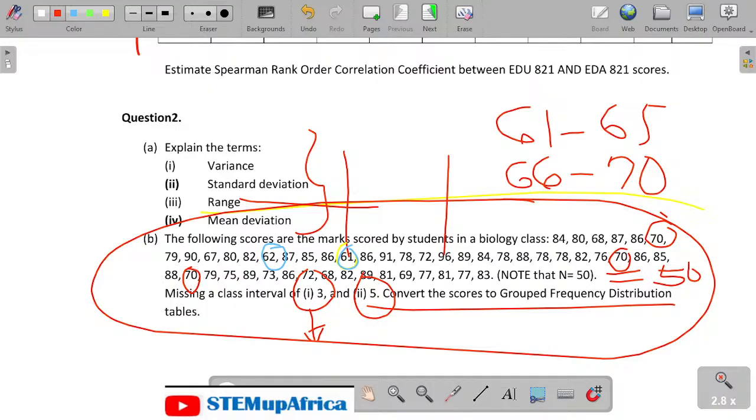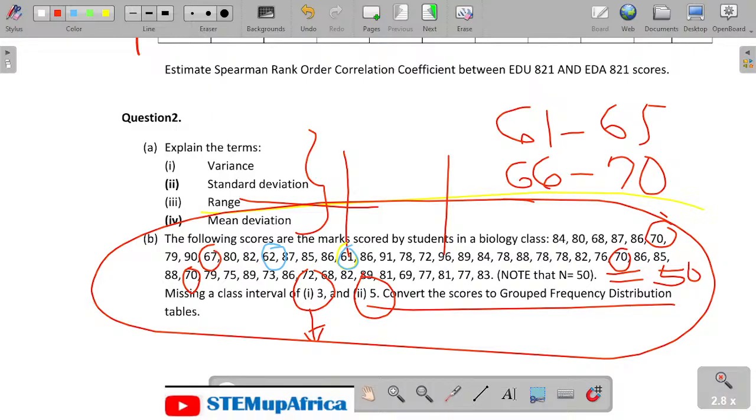That's why you keep looking until you get all the figures you want. Then on top, after it there is 84, 4.